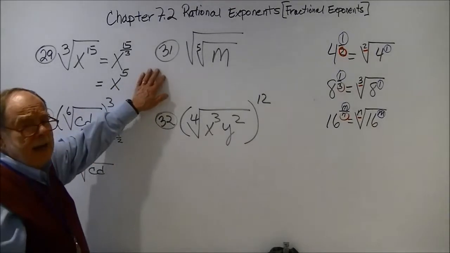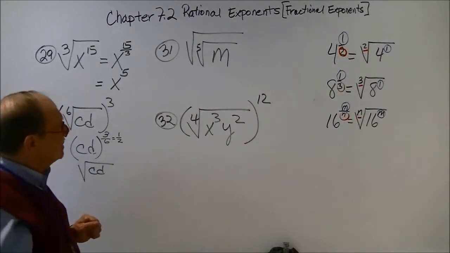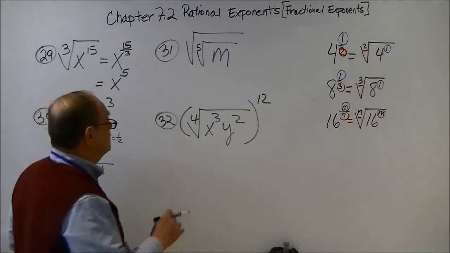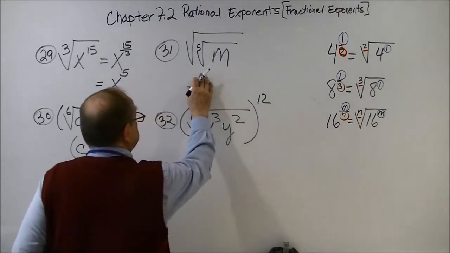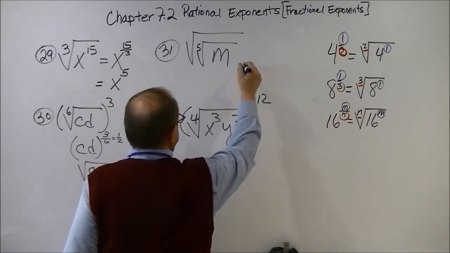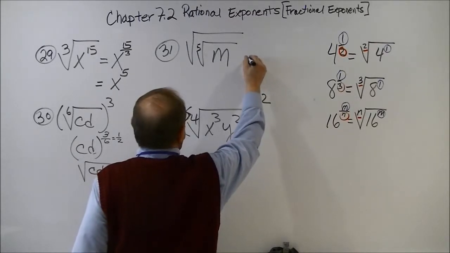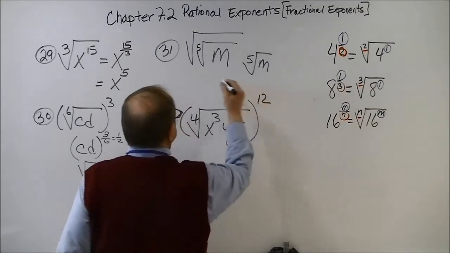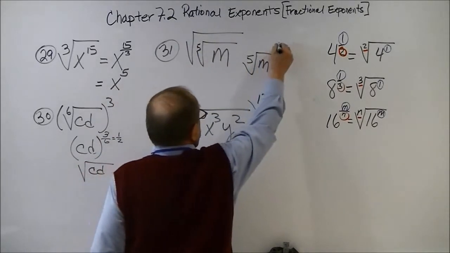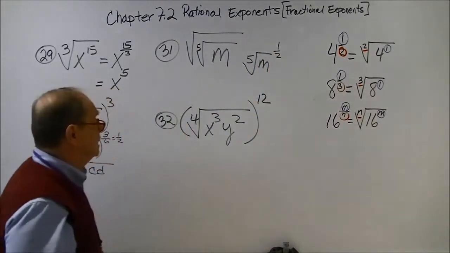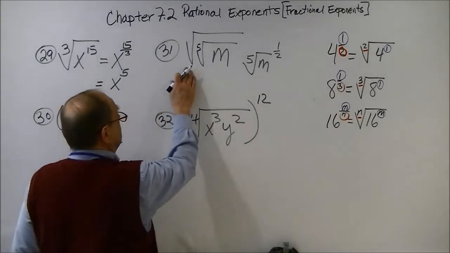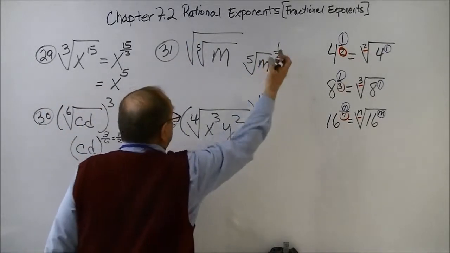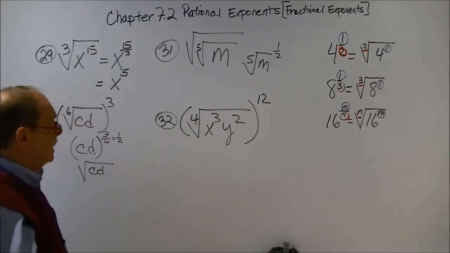This one, when I looked at it, I said, oh, wait a minute, what's going on here? Well, just think what they've written here. This is the 5th root of m to the 1/2 power, isn't it? If I take away this radical sign, the radical sign is the 1/2 power of anything.